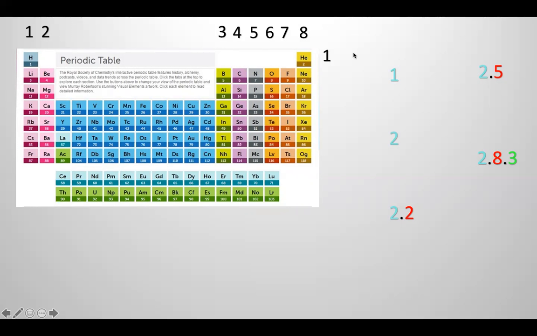Okay, and then I've placed 1 by here. So going all the way across, so hydrogen and helium. This is a period. So going down is a group, going across is a period. So if you just try to think about it maybe as like a period of time, you're going along. So yeah, maybe that will help you remember that going along the periodic table is a period.